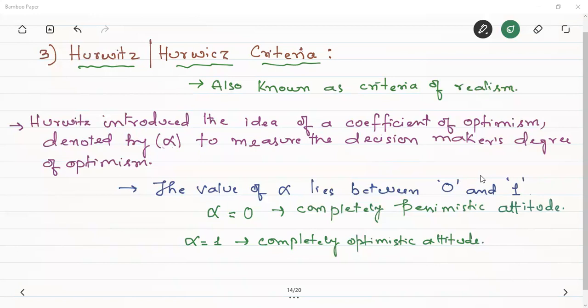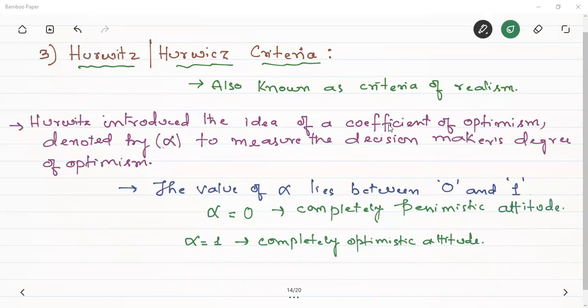If it is 0, then we can directly use the pessimism criteria, and if alpha is equal to 1, then we can use the optimism criteria, which we had seen in the previous classes. So we need to see what the alpha is.